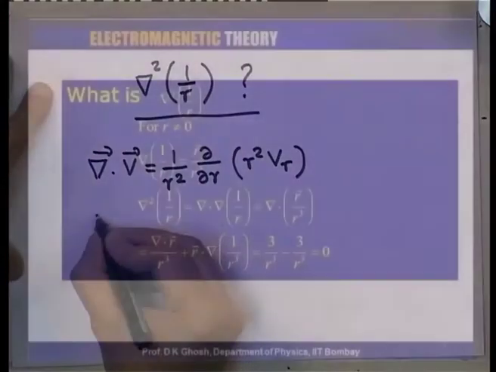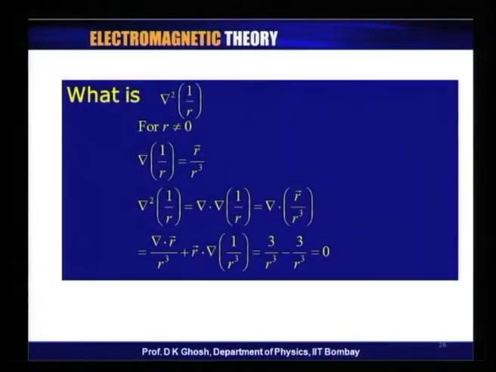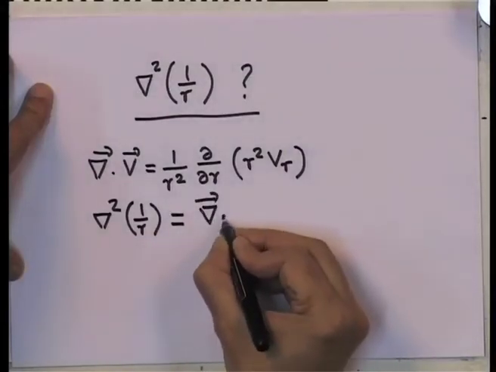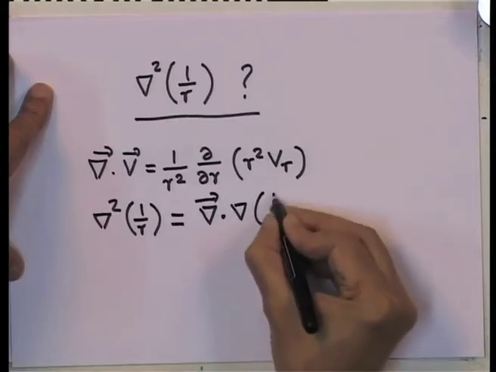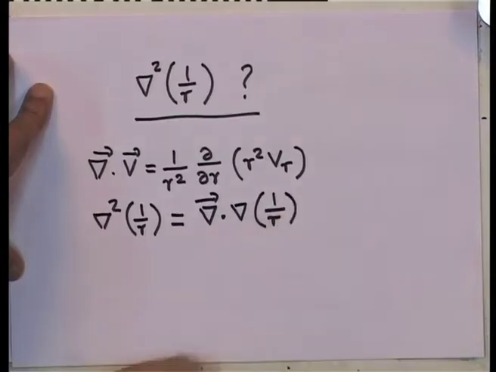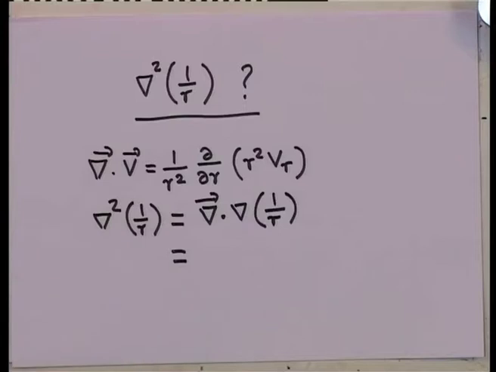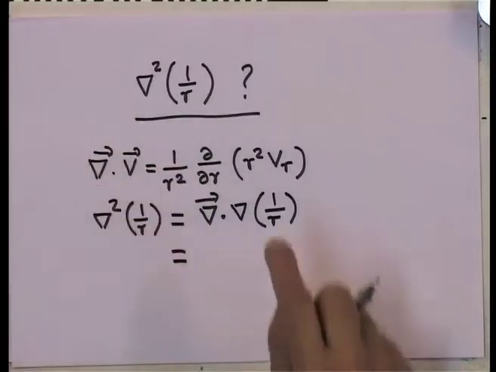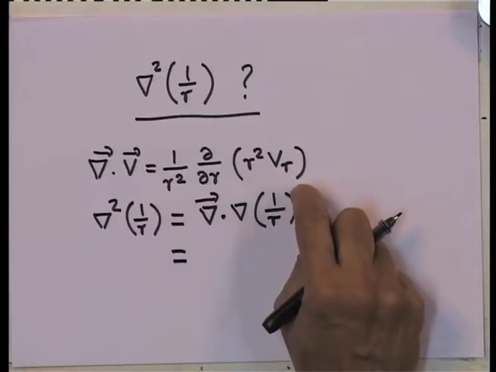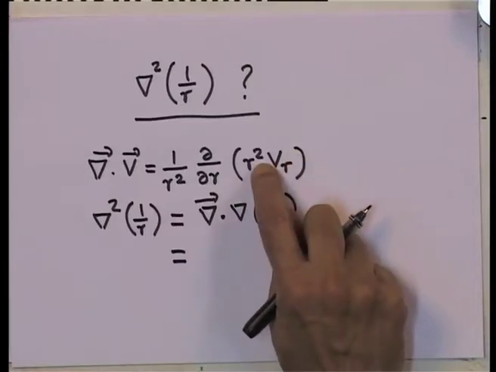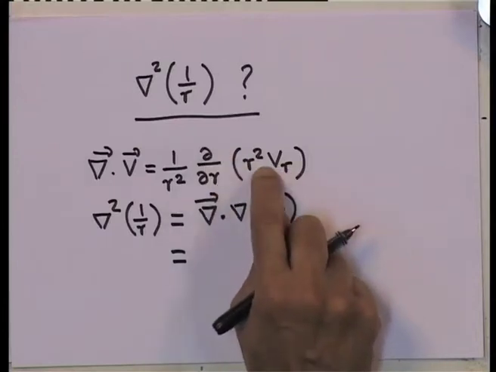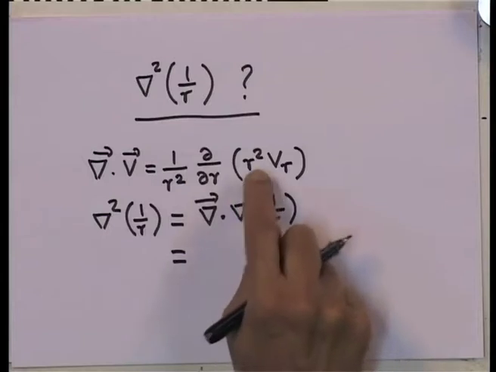Now, I am interested in finding out what del square of 1 over r is. I have told you earlier that del square is nothing but del dot gradient of 1 over r. The gradient of 1 over r you can easily calculate. V r is just 1 over r, so there is r square there, and I get just d by dr of r, which is nothing but 1.